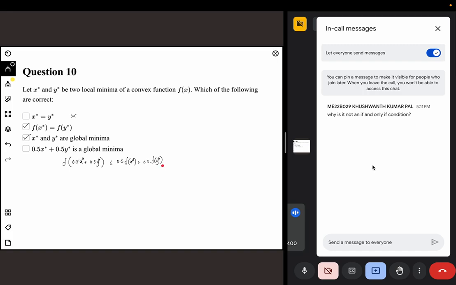This is by the definition of convex. Now you know that both x star and y star are global minima, so f of x star and f of y star should be equal, say the optimal value f star. Since that is a global minima, it cannot be less than it. So the only possibility is it has to be equal to f star.